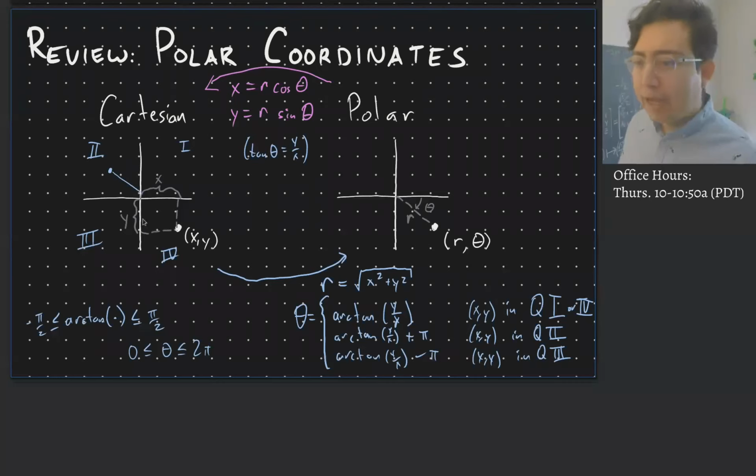I think the easiest way to see this is if you get the arctan function, like I said, it's always going to spit out something between negative pi over 2 and pi over 2. For example, in quadrant 2 here, it's going to give us this angle here.